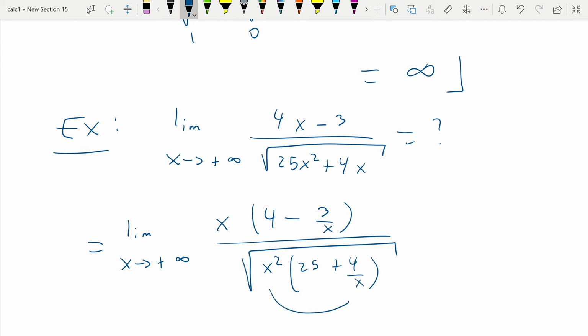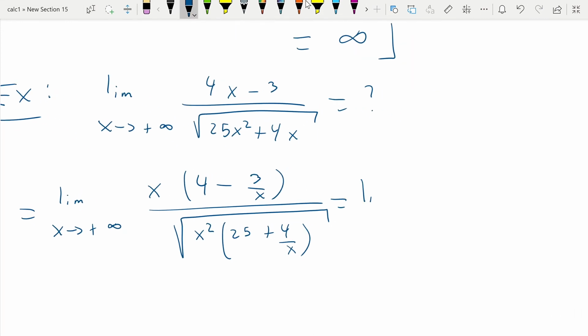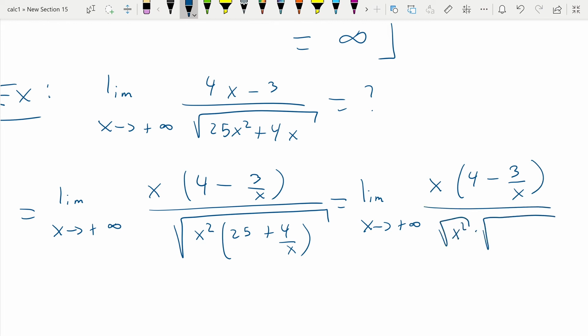If we bring x squared in, we get x squared times 4 over x, which is 4x, so this is alright. And then this is equal to the limit when x approaches plus infinity of x times 4 minus 3 over x, all that divided by the square root of x squared times the square root of 25 plus 4 over x.